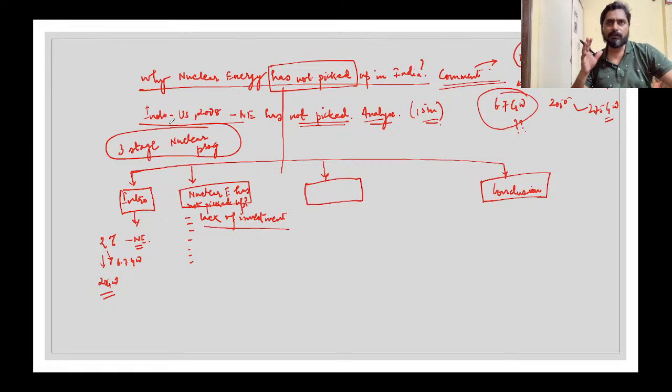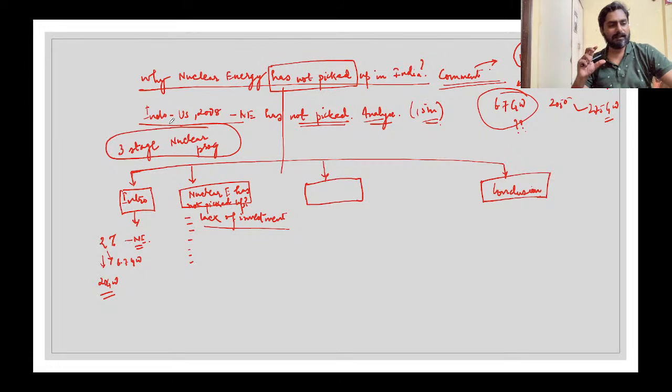Also, you would have remembered that whenever you talk about nuclear science and technology, nuclear energy is a dual use technology. We can use nuclear energy to make bombs, and we can use nuclear energy to produce electricity also.